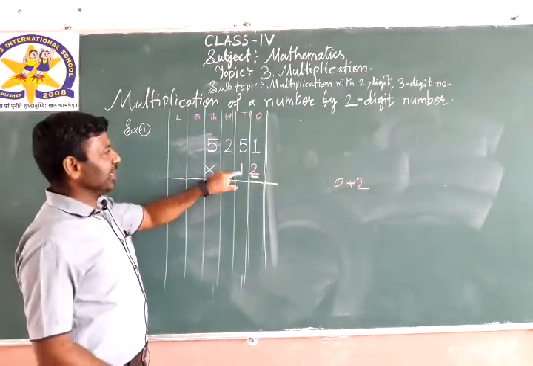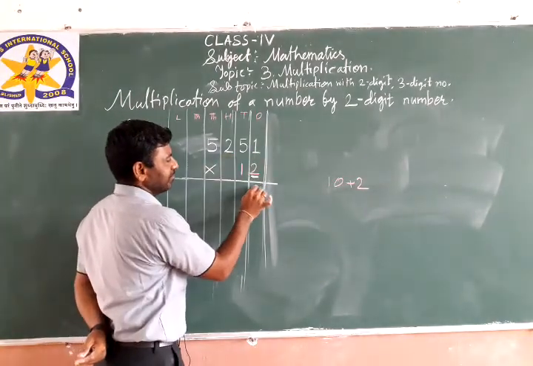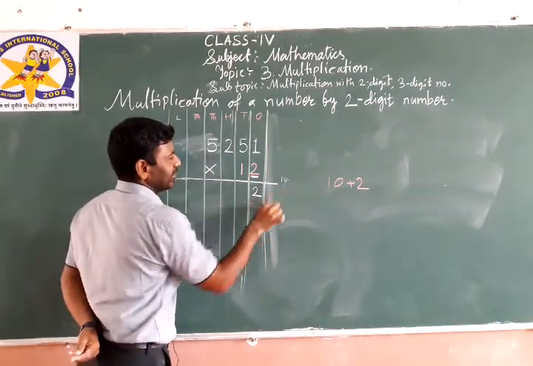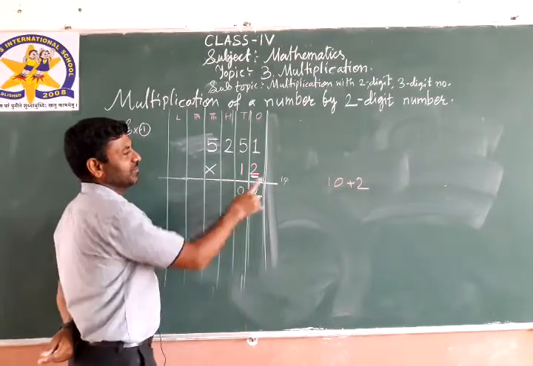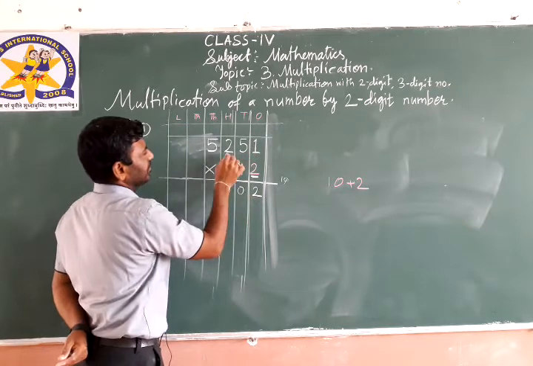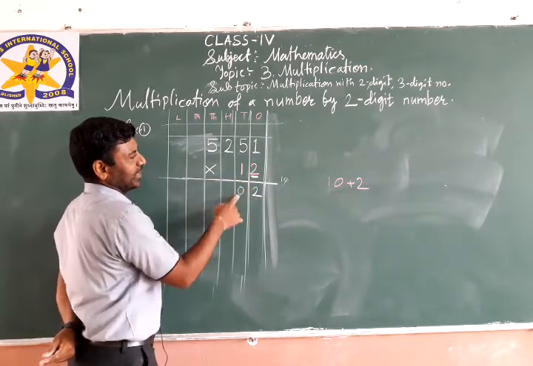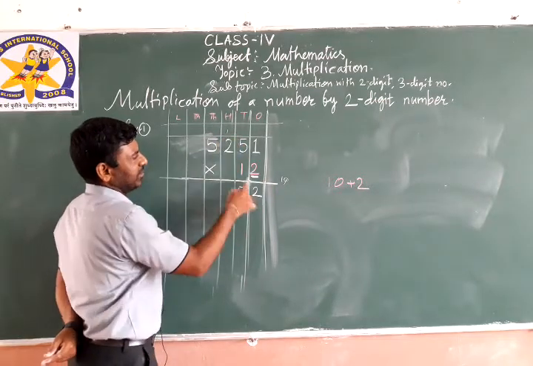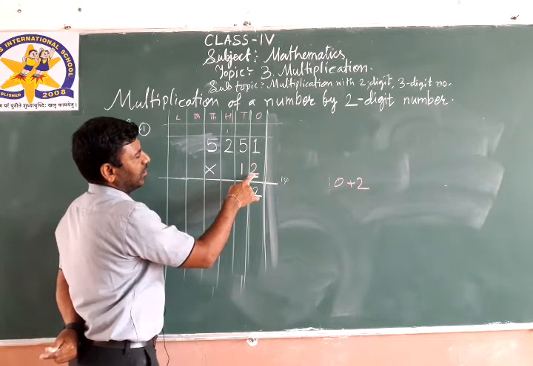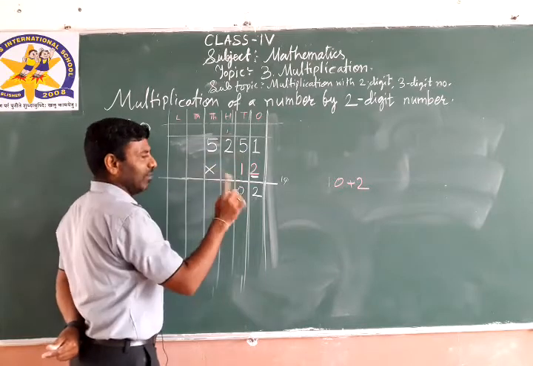Okay, forget that this is 1. Right, multiply. 2 ones are 2, 2 fives are 10, 0 here, carry 1, here put the carry. Again 2 twos are 4 plus carry 1, 5.